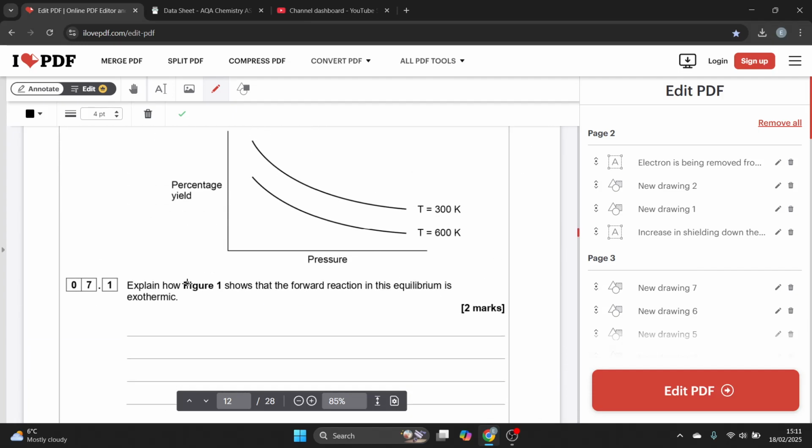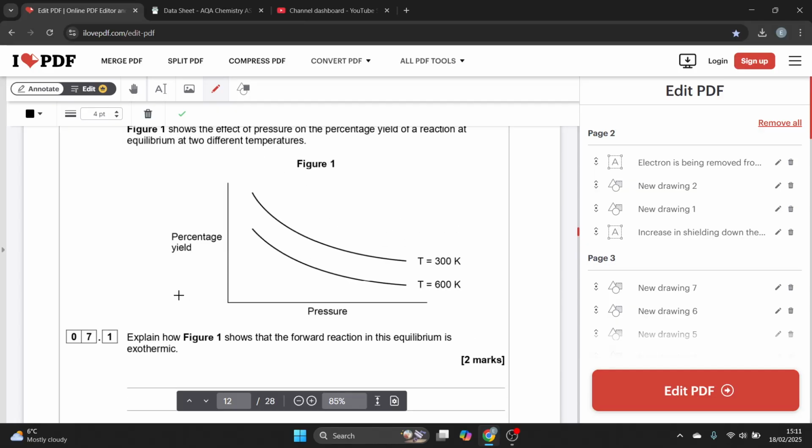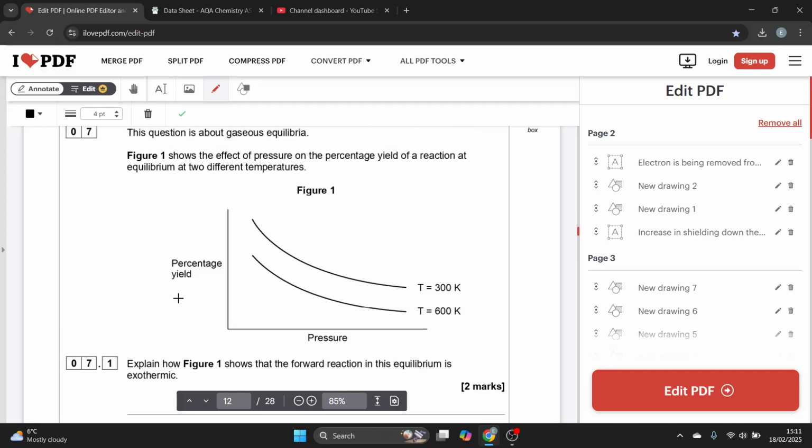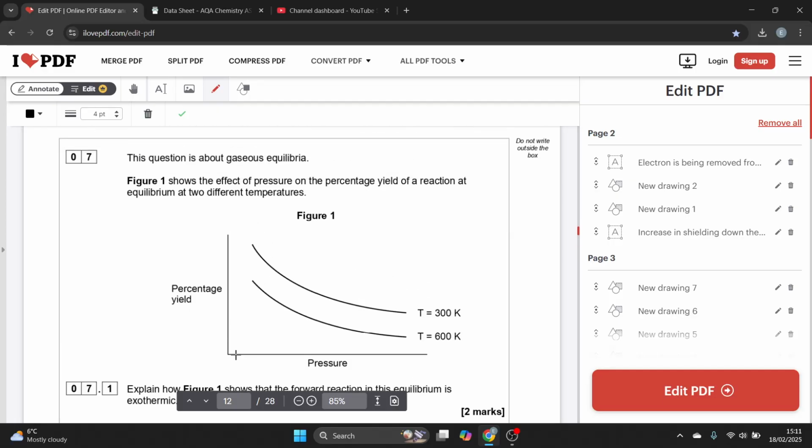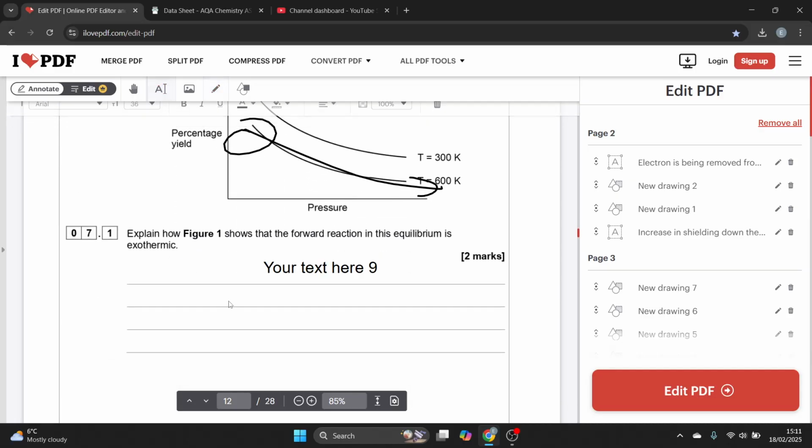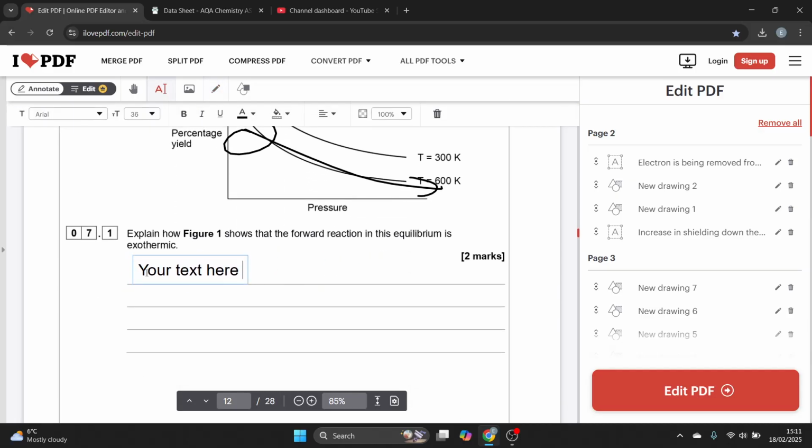Explain how figure 1 shows that the forward reaction is exothermic. Well, the forward reaction is exothermic because I know that at a higher temperature, the percentage yield is lower. So that's the first thing I would say: lower yield at higher temperature.